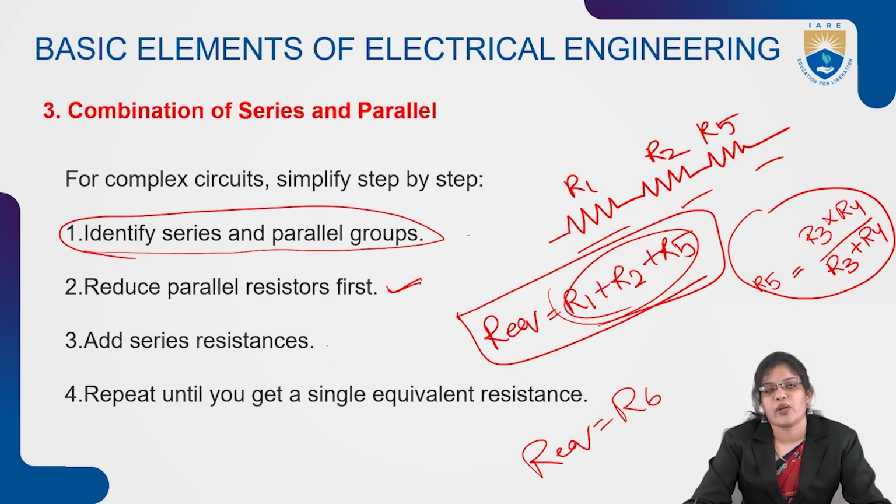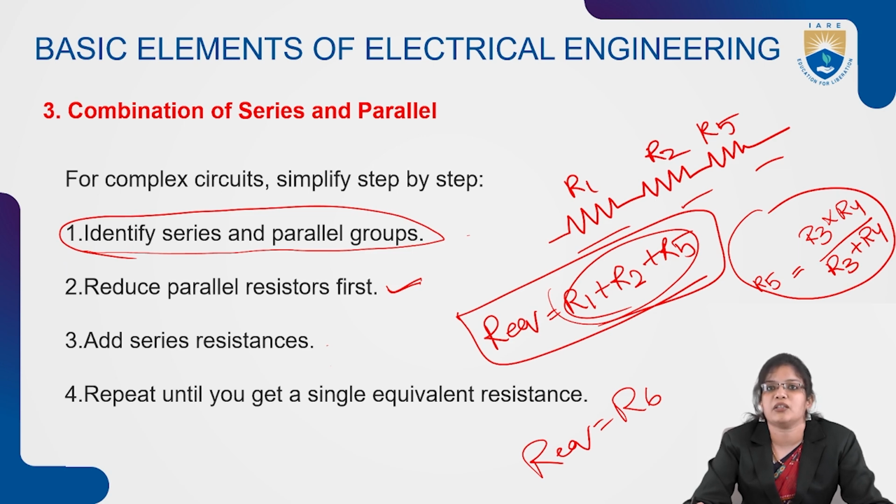So in this session, we have discussed Kirchhoff laws and the calculation of equivalent resistances. First, we use Kirchhoff laws because we need to know the voltages and currents in the circuit. The Kirchhoff laws are basically classified into two types: one is Kirchhoff current law, and the other is Kirchhoff voltage law.